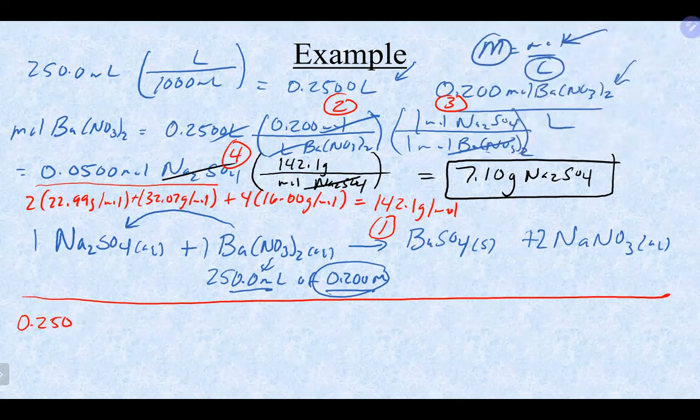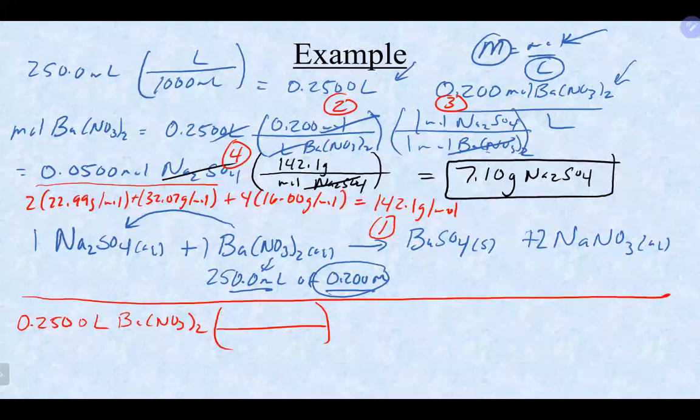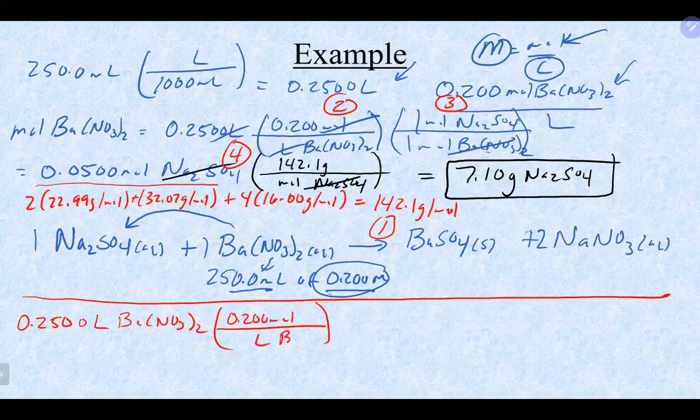So that is 0.025 liters of barium nitrate. Once again, using the molarity like we did above, I'll rewrite the calculation here, 0.2 moles per liter of barium nitrate. This gives us our 0.05 moles of barium nitrate.